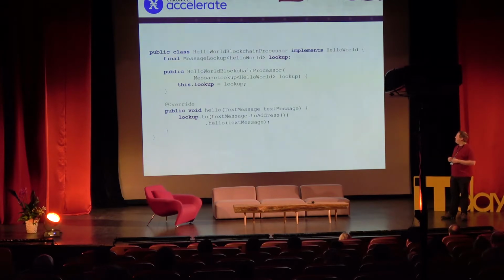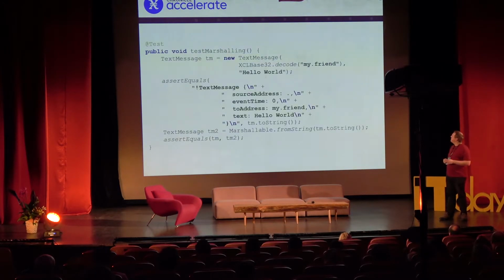And lastly, once it's gone through the blockchain, what do I do with the message? Well, that message has a destination address, and it gets sent to that destination if it's connected. And this is what marshalling looks like. We use YAML a lot for all our toString for libraries and also for data-driven tests.